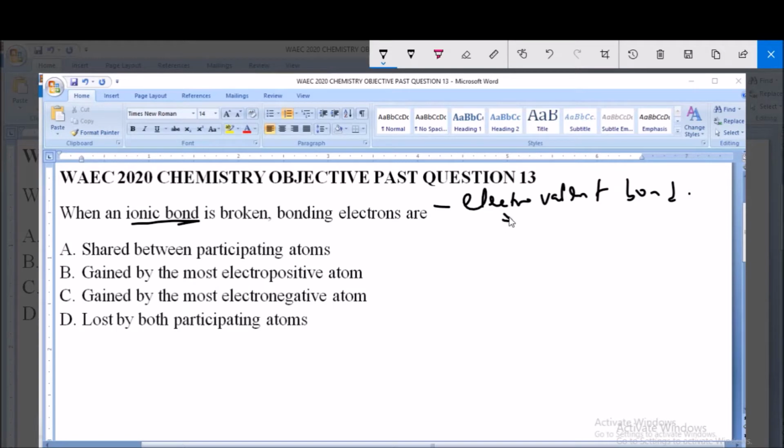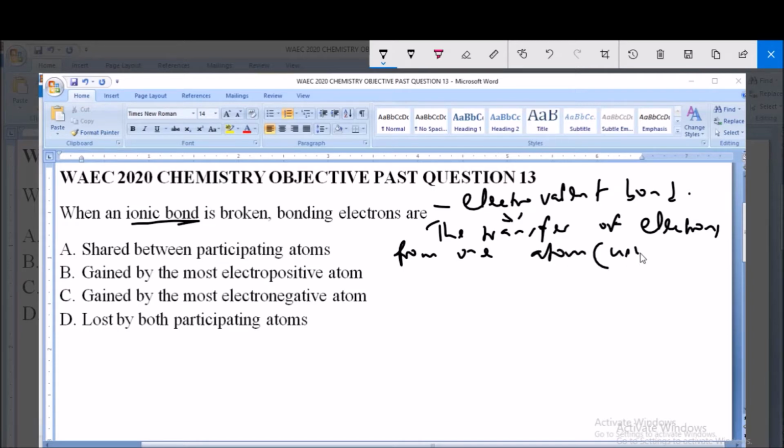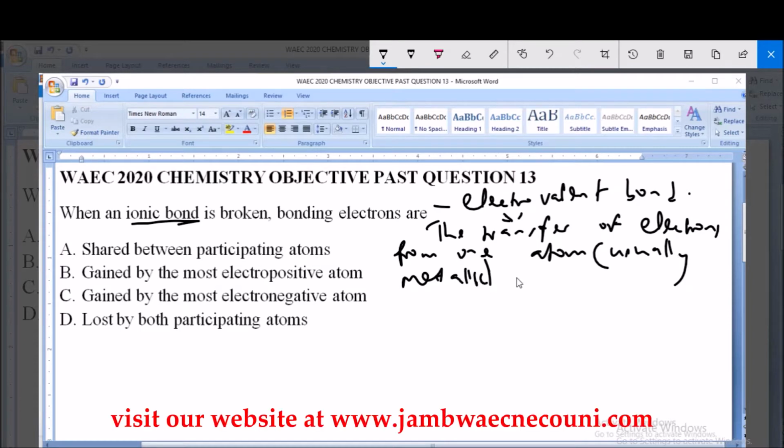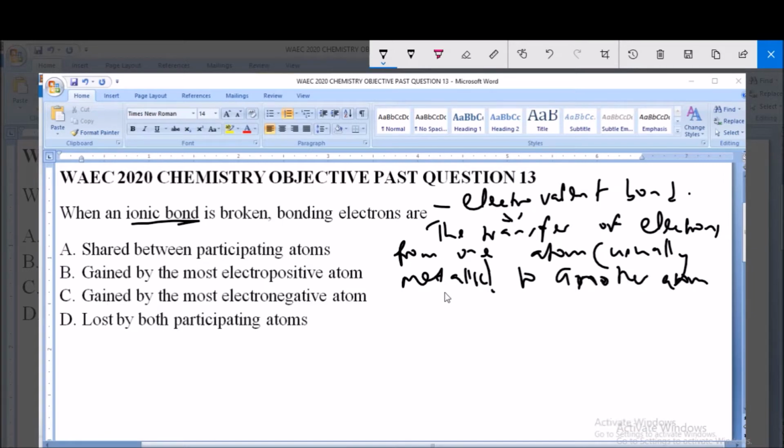Now it involves the transfer of electrons from one atom, which is usually the metallic atom, to another atom, which is usually the non-metallic atom.